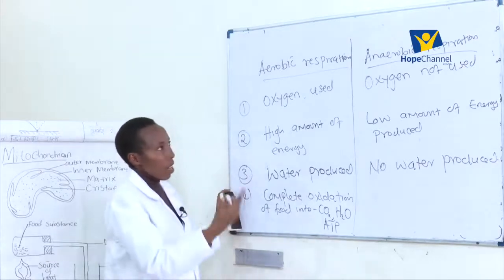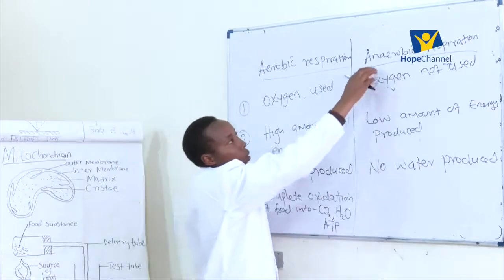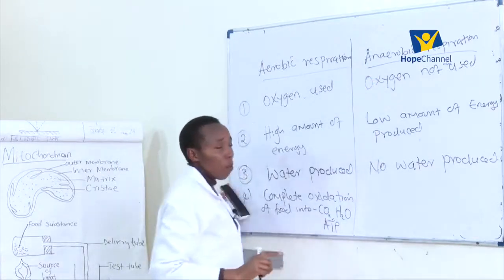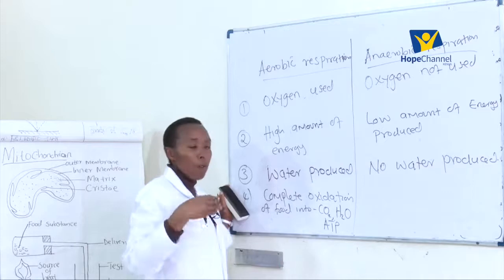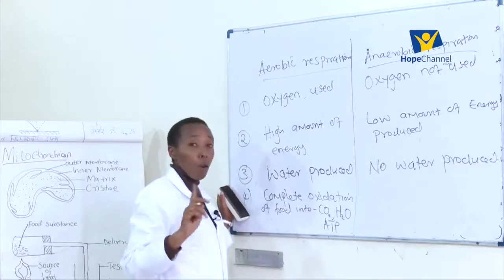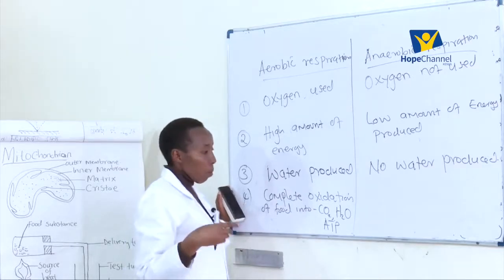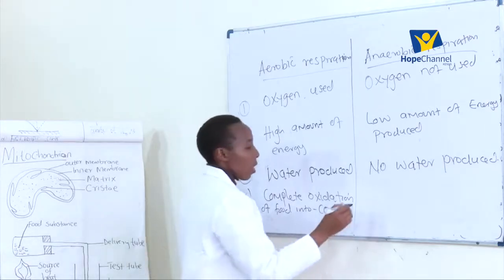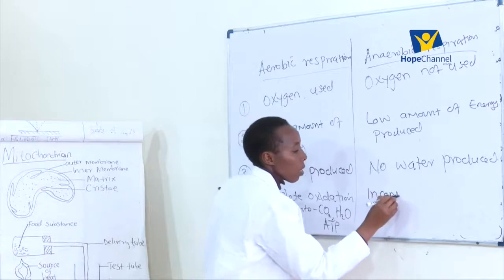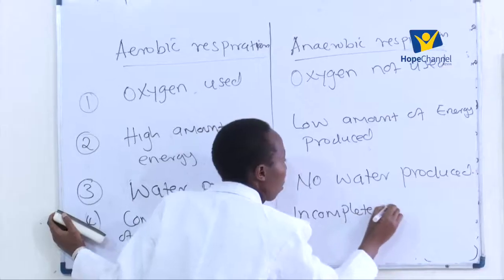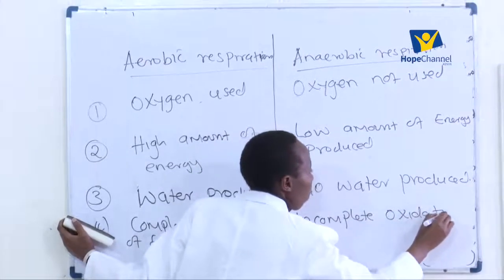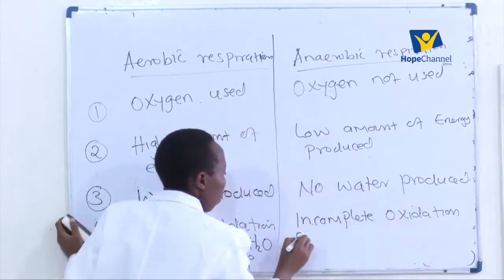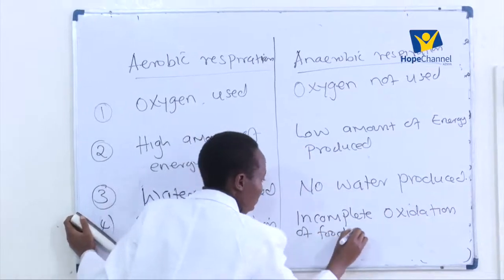But on the other side, you realize that during anaerobic respiration, glucose or any food substrate is not completely broken down. And because of that, you get some other products. So we say there is incomplete oxidation of food substances.